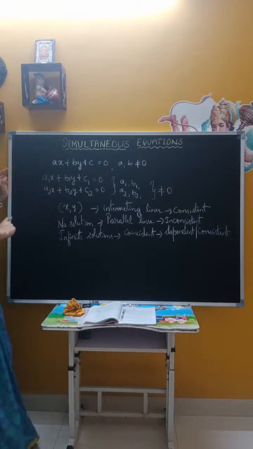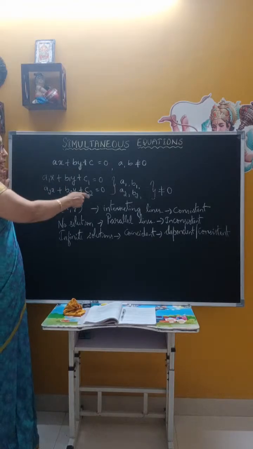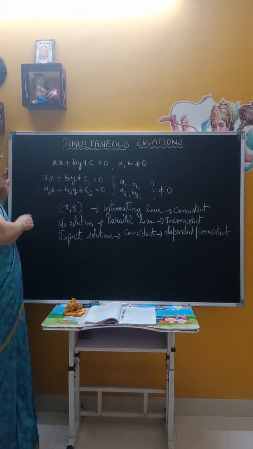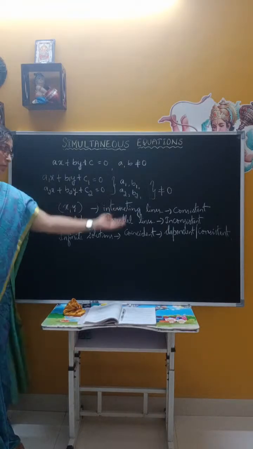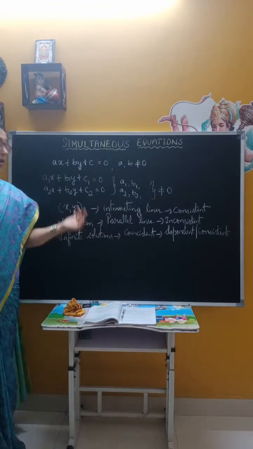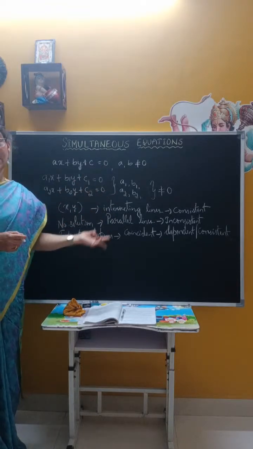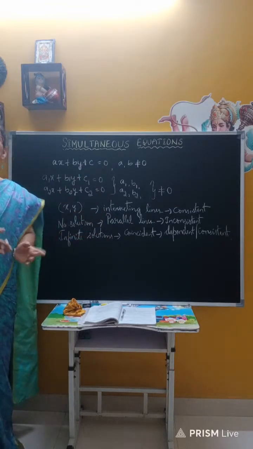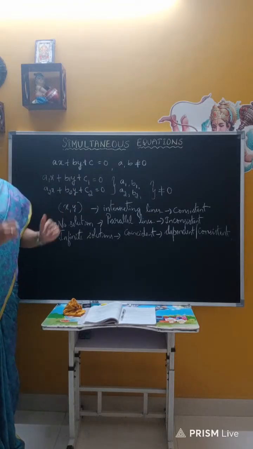In the second line, a2 is the coefficient of x, b2 is the coefficient of y, and c2 is the constant. By comparing the coefficients we can find whether the lines are parallel, coincident, intersecting, consistent or inconsistent. Let us learn how that is done now.